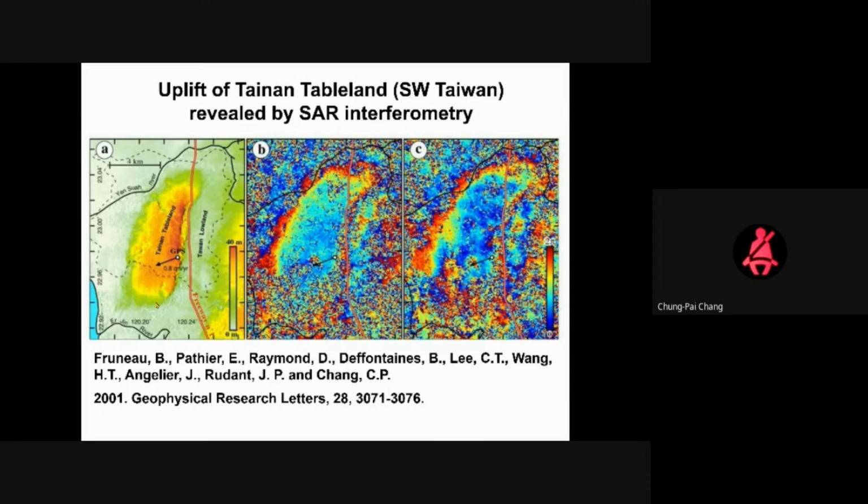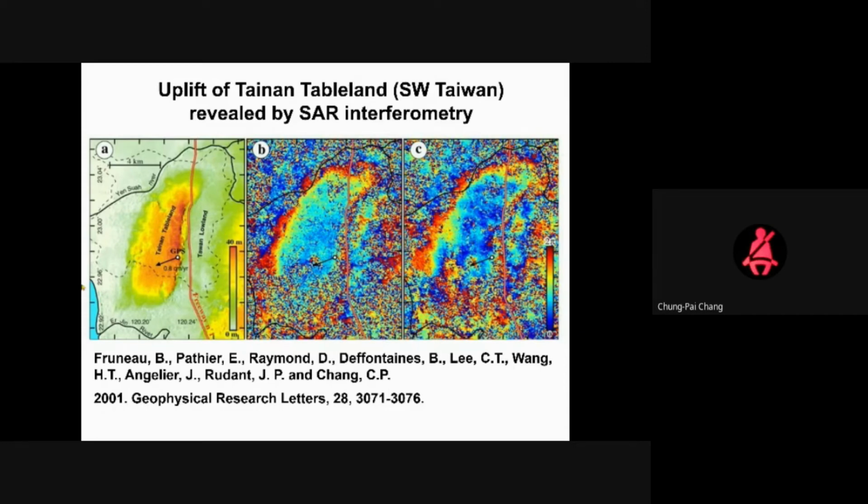Maybe not caused by an actual fault, but by the mud that appears under the city. So it means that there's soft mud with water, something like that, that uplifts and holds this tableland and uplifts the city at the same time.